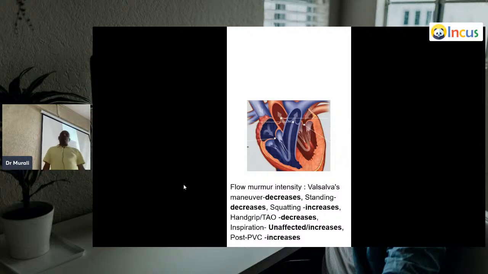Right-sided murmurs increase with inspiration, and other murmurs are not affected by inspiration. Left-sided murmurs are not affected by inspiration. That's what you need to remember.